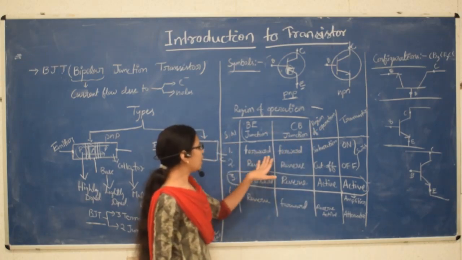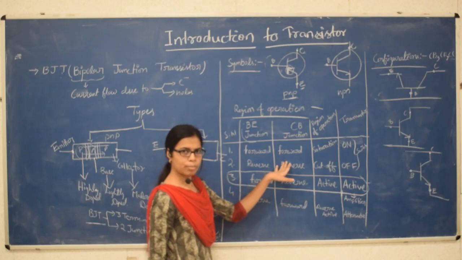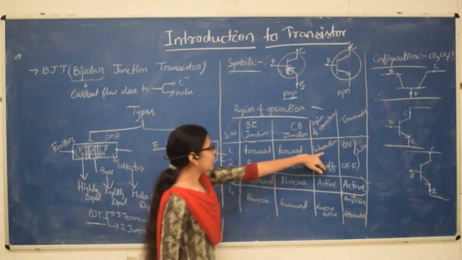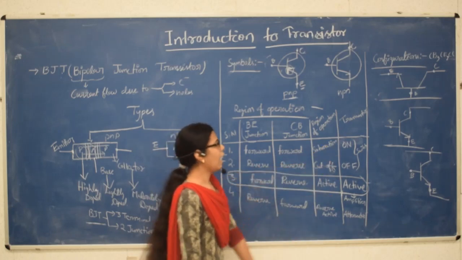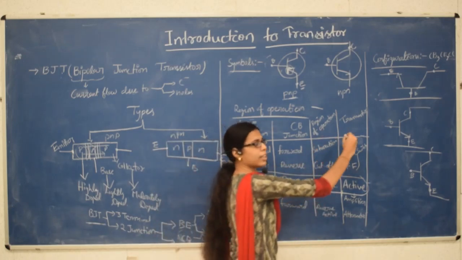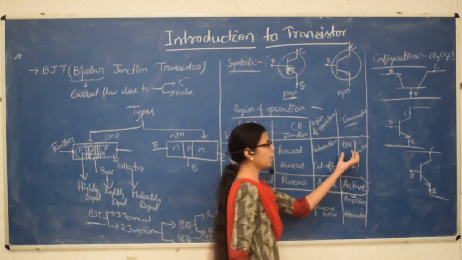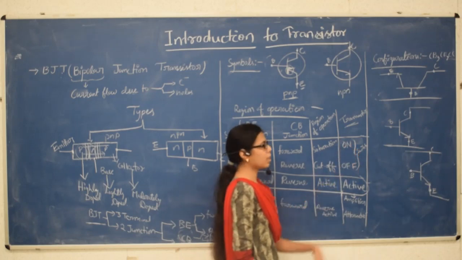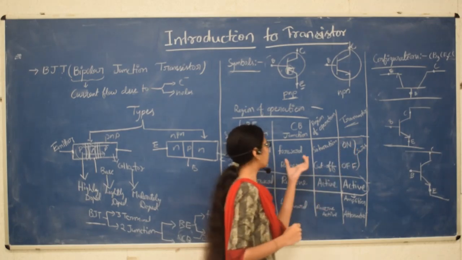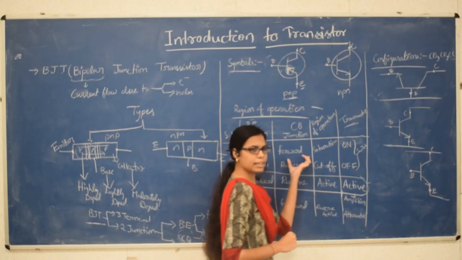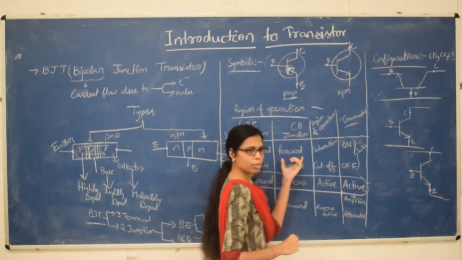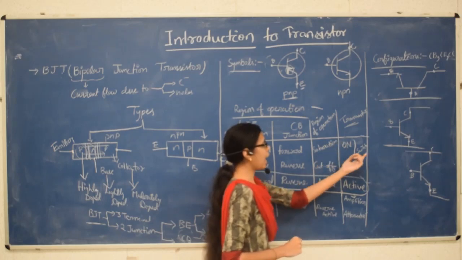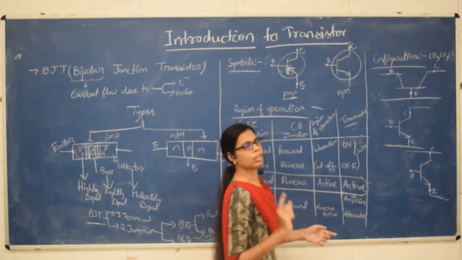When I operate these 2 junctions in forward bias, this region of operation is called the saturation region, and in this region the transistor is going to act as an on switch. See, we have switches, right? If I operate my BJT with both the junctions forward biased, it will act as a switch which is on.